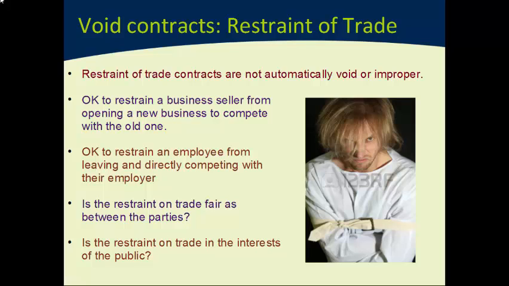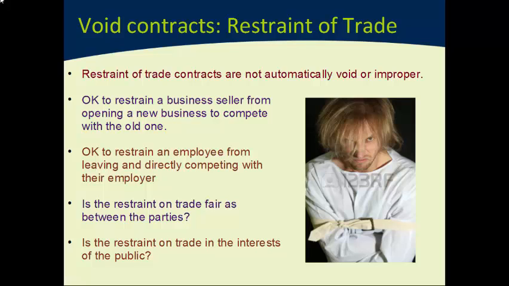Restraining a business seller from opening up a similar business in the same shopping centre, well, that's almost certainly going to be okay. In the same suburb? Maybe. Restraining them from operating another business anywhere in the whole city? That's starting to go a bit over the top. The whole state? Certainly not. The whole country? Forget it.